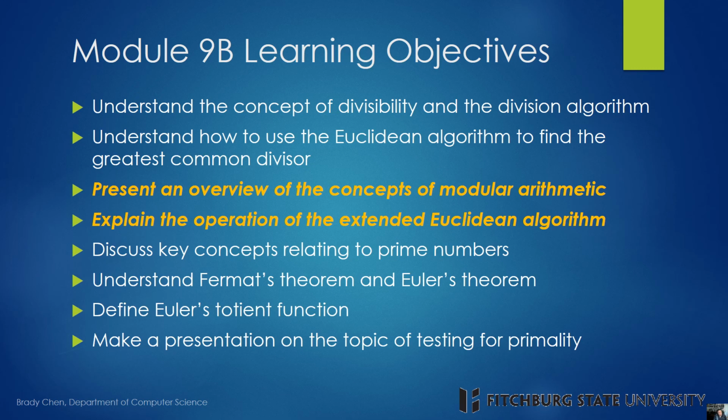Now, in Module 9b, we are going to provide an overview of the concepts of modular arithmetic. We are first going to provide the definitions for modular arithmetic, and then explain the operations of the extended Euclidean algorithm, which will be used in determining the primality of a number.